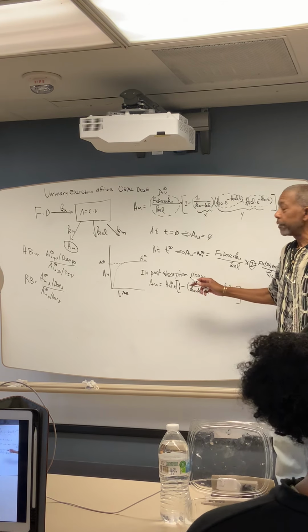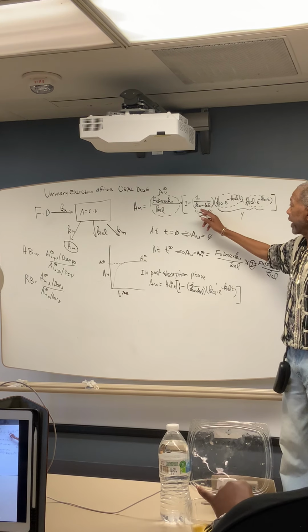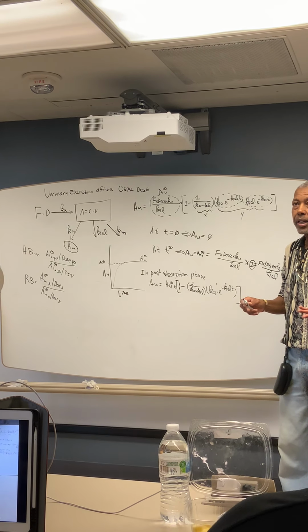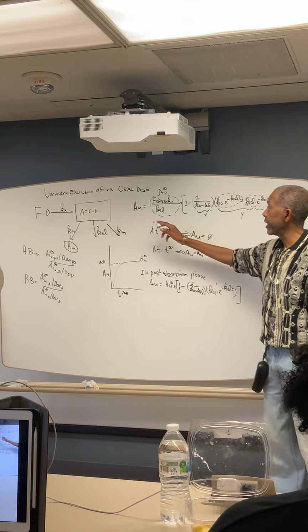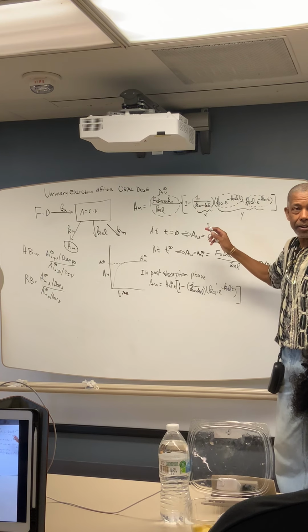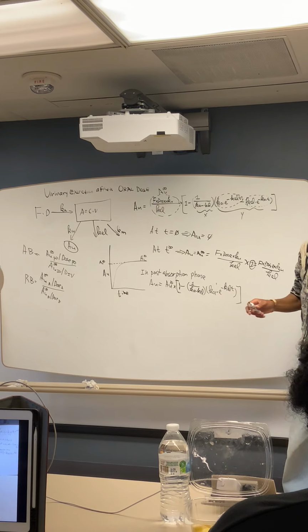The question, for those that may not have heard, is what does this 1 over Ka minus KL mean? It doesn't mean anything except that it's used to help us calculate the AU value. If we leave that out, either here or here, you're not going to get the right value for AU.